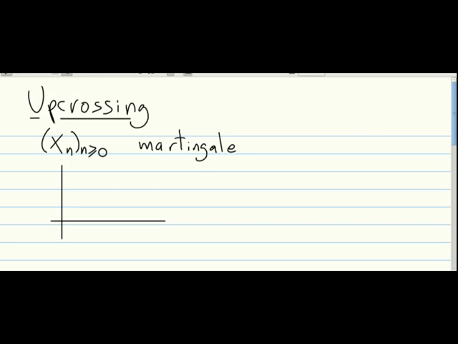So we start with a certain value here, and then as time goes by, the value can go up or down in perhaps an unpredictable way. Okay, and we talk about the possible strategy to make money out of this martingale.